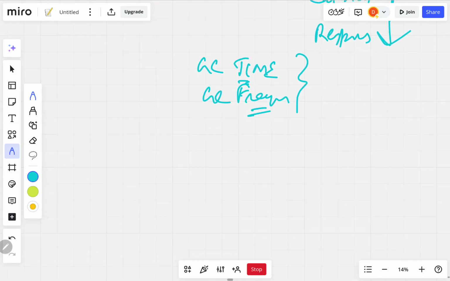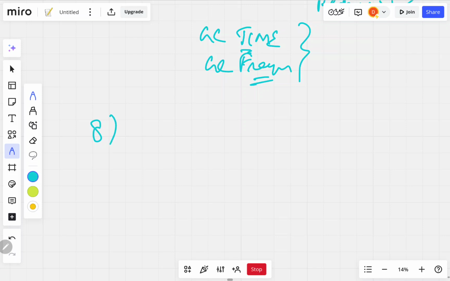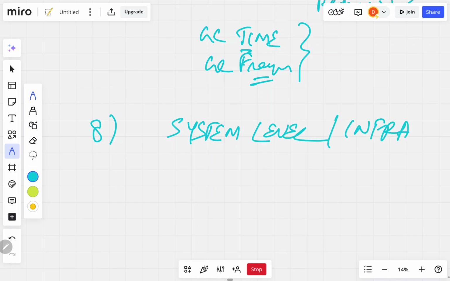Fine. And now the biggest. This is infra or system level profiling. You will get everything. There are many APM tools, application performance monitoring and observability tools. They will give you everything. You don't need to keep looking; they can keep you alerted. Even in real-time situations, you'll have a good dashboard to understand.